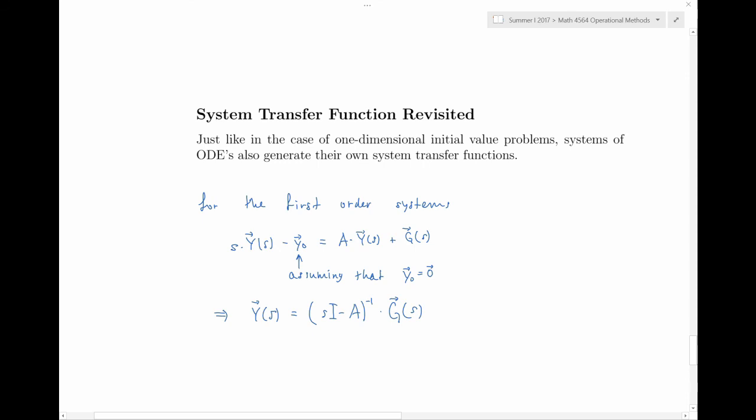And therefore this matrix inverse is the system transfer function for the system of ODEs.